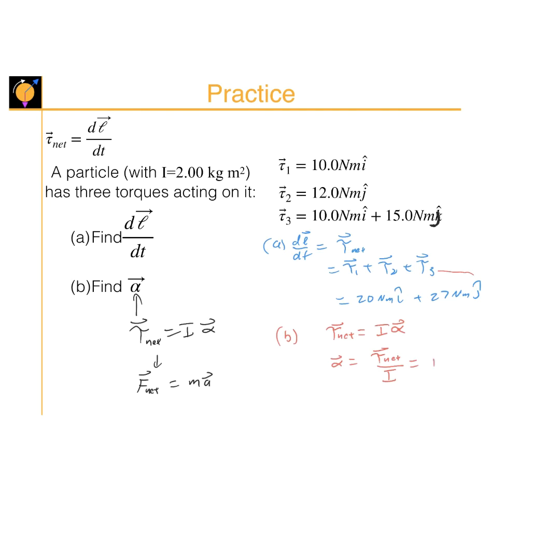So we end up with 10 radians per second squared in the i hat direction, plus 27 divided by 2, which is 13.5 radians per second squared in the j hat direction. Okay.